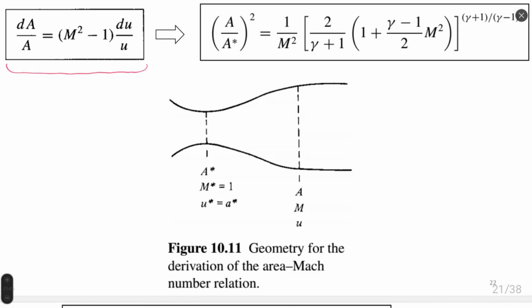The equation you see on the right top part of this screen is the analytical solution, an exact solution, let's say, and it relates cross sections. The cross section with asterisk is the throat. I mark it with the red color, garganta.